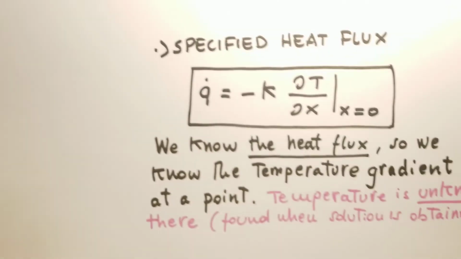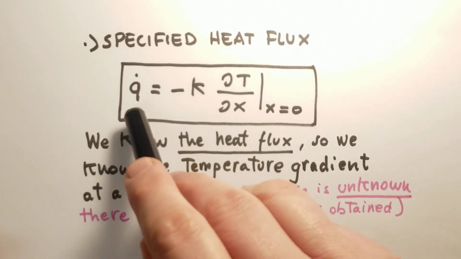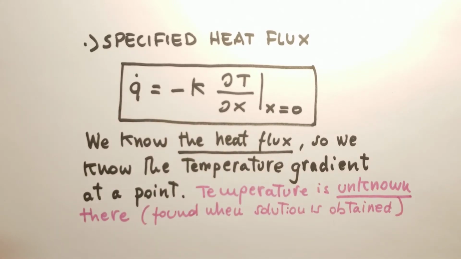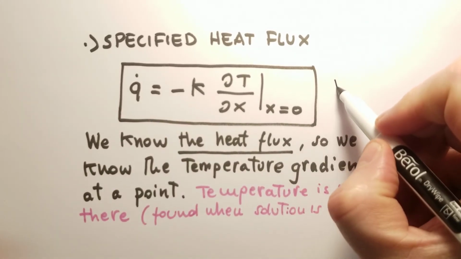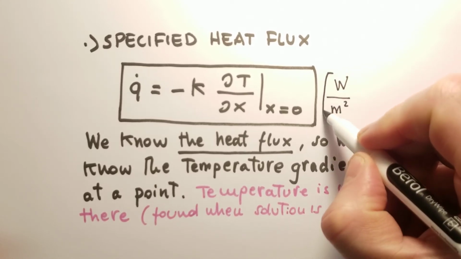Another case, instead of specifying the temperature, we could specify the heat flux. So q dot, remember when we have a small case q, we have a heat flux, so the units are watts divided by meter squared.